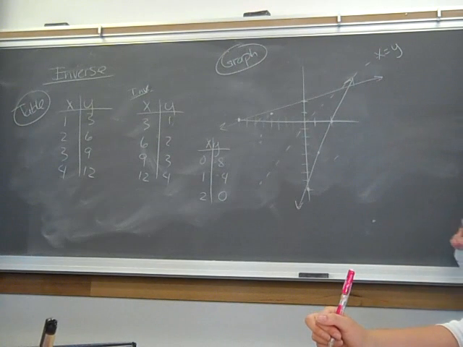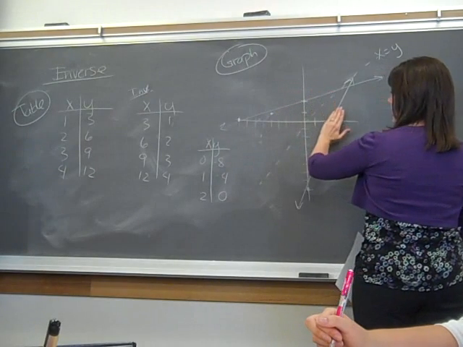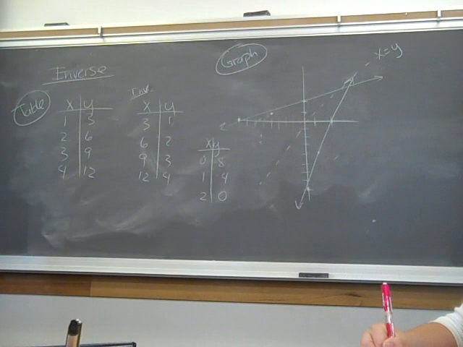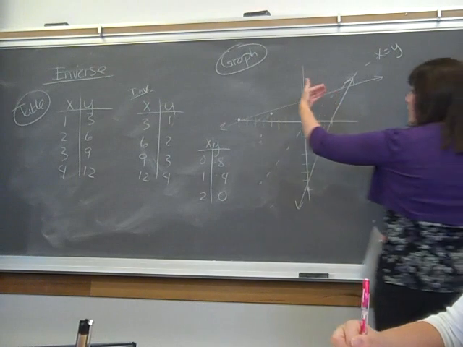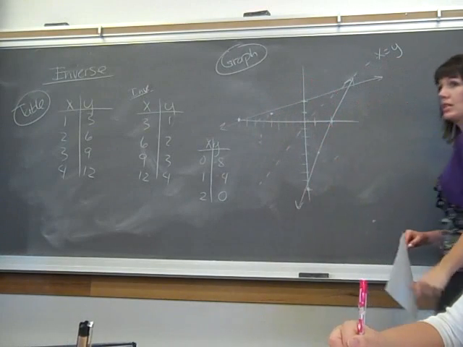But the inverse will always reflect over the line x equals y. All right? And that sheet that I handed you at the beginning of class, you're going to have to do that kind of stuff. So you're going to have to show that the inverse reflects, meaning it's just a mirror image over the line x equals y.